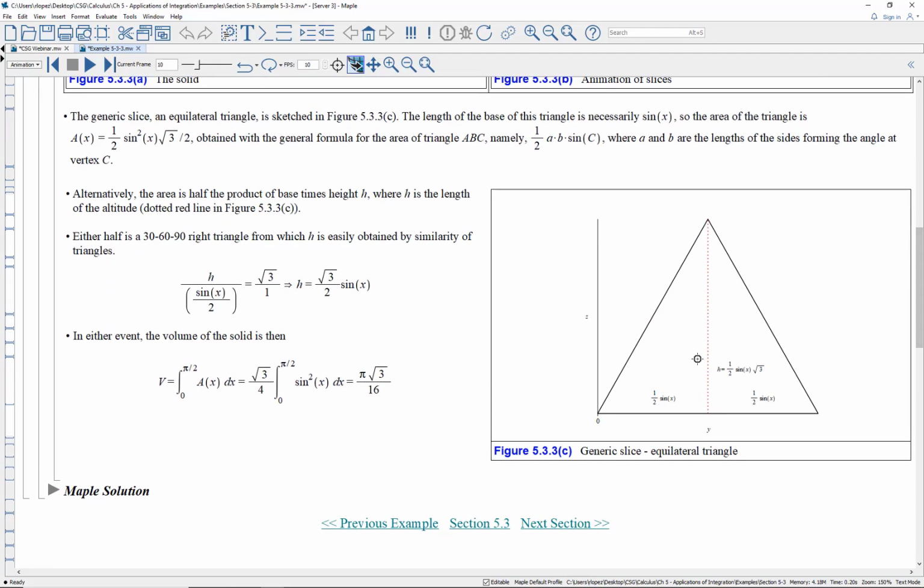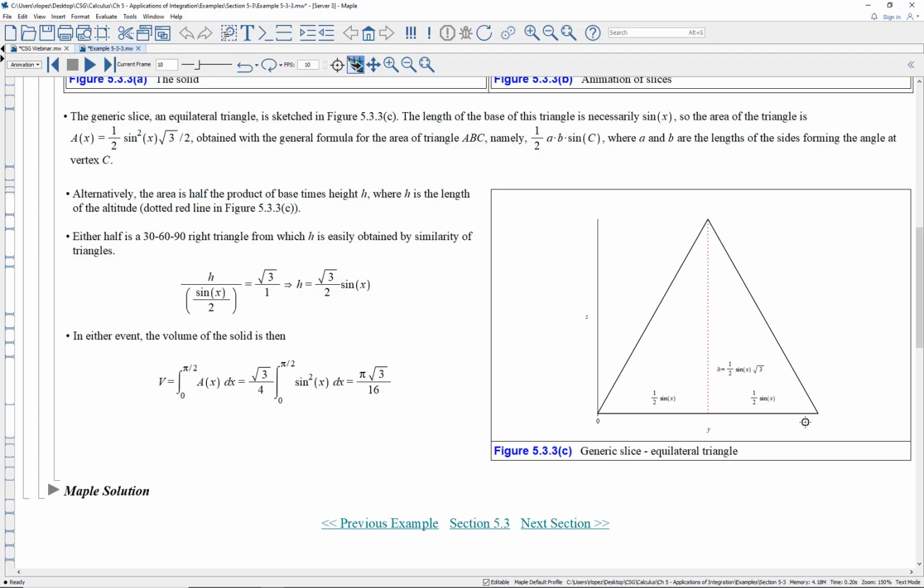Well, you got two ways to find the area of this triangle. You can try to get the height, so you do the manipulations that you require to get the height, or you can use this formula for the area, 1/2 AB sine C, where this would be A and this would be B, and sine of C would be the angle between.